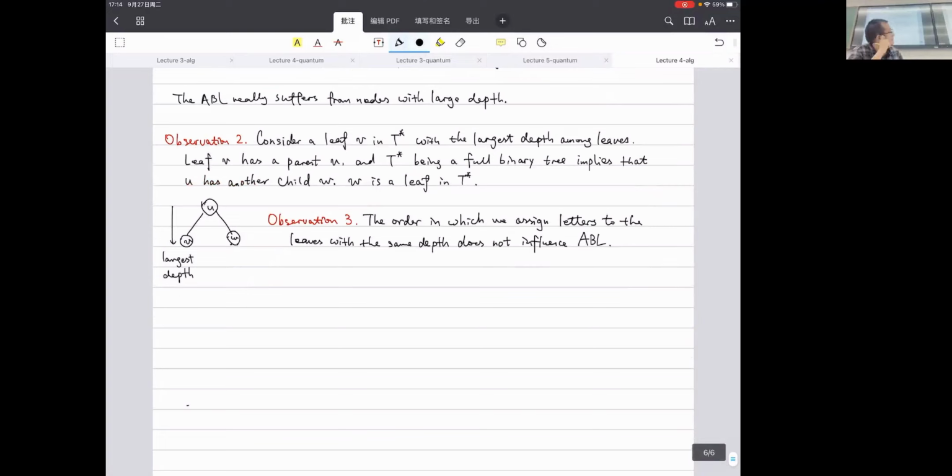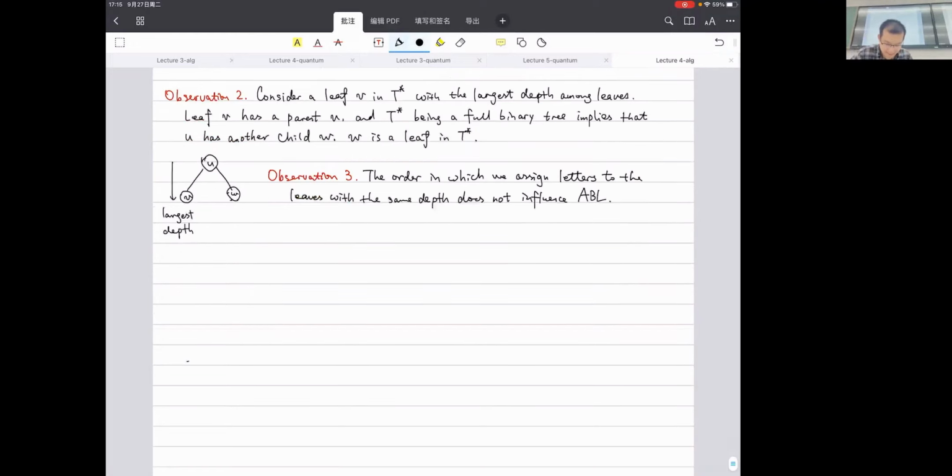So these are three very direct observations, and something we can conclude from them is the following.